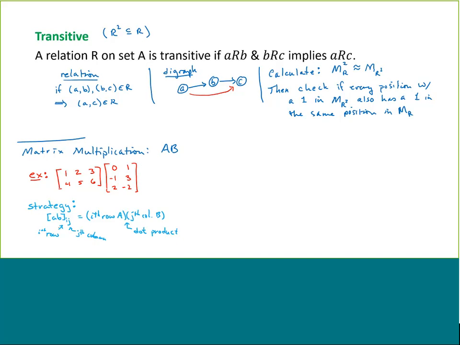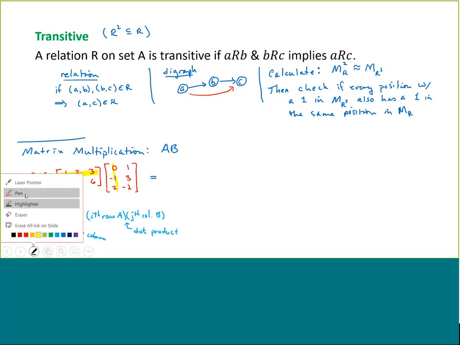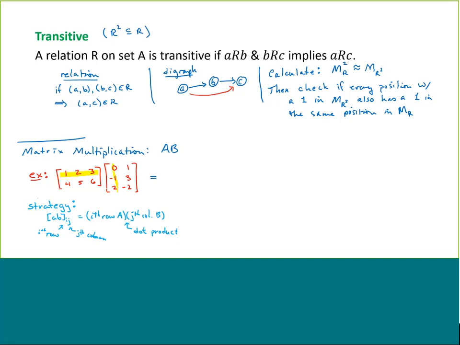If you actually want to do the multiplication here, you would take the first position in the product matrix, first row and first column. Notice we are looking at the first row of the first matrix and the first column of the second matrix.